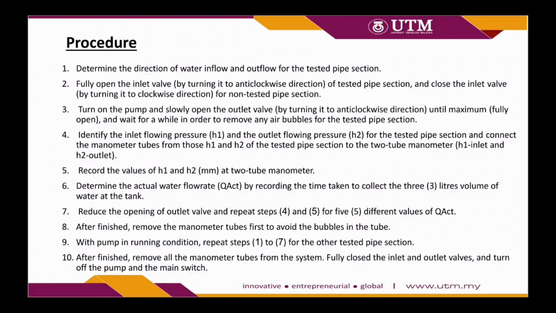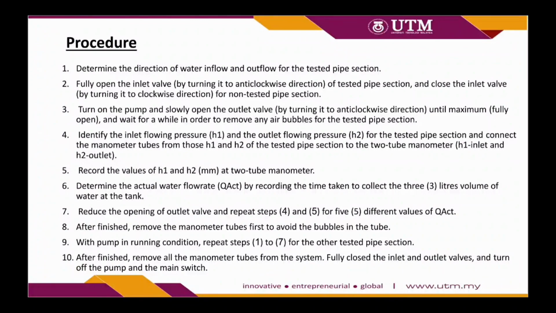Record the values of H1 and H2 at the two tube manometers. 6. Determine the actual water flow rate by recording the time taken to collect the 3 liters volume of water in the tank.